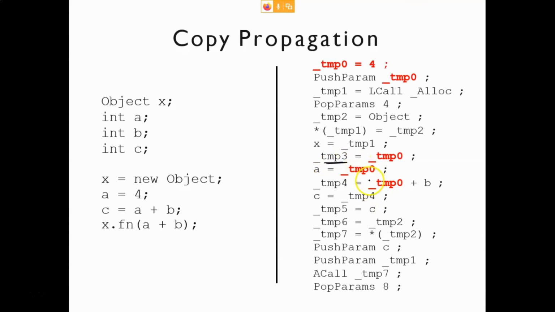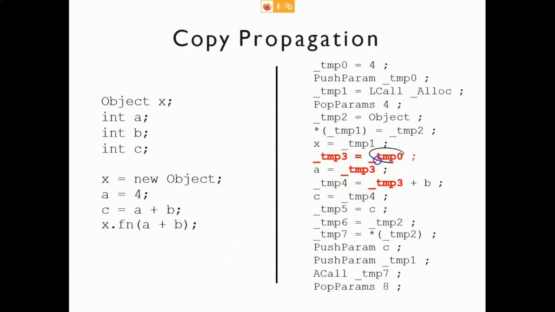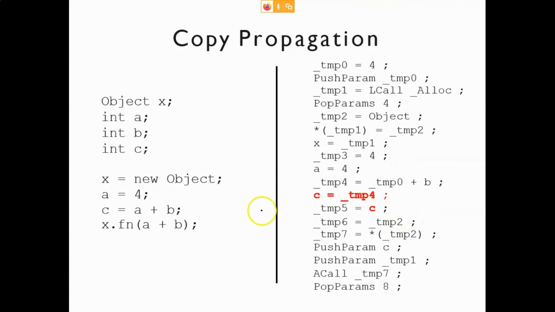You are assigning this temp0 to temp3, so here this temp3 you can replace with temp0. All these things are copy propagations.